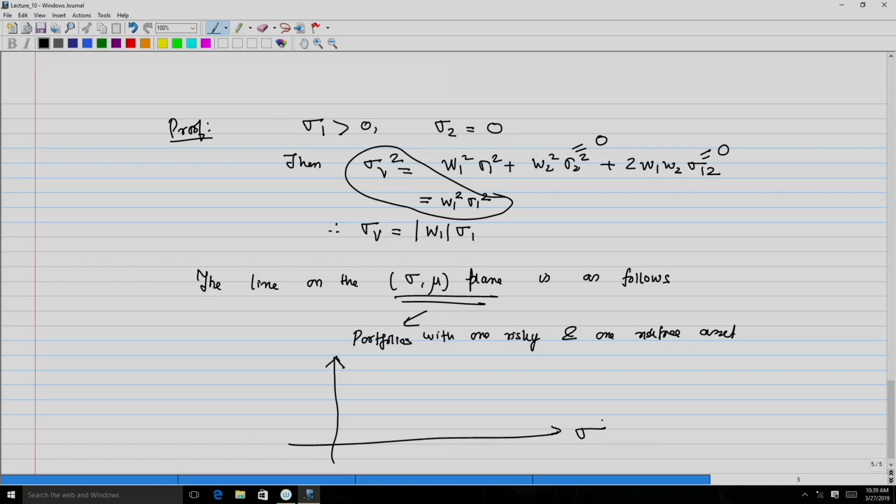This is sigma, this is mu, this is 0 r, which corresponds to the risk free asset or just the investment in the risk free asset.